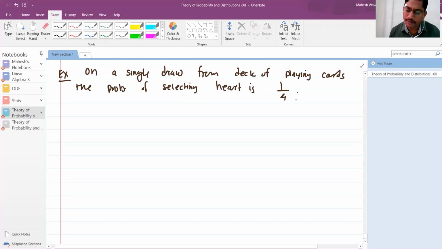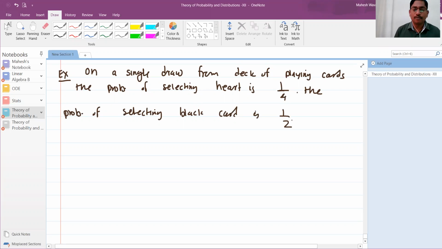The probability of selecting a black card is 1 upon 2. The total number of black cards is 26, red cards are 26. So 26 upon 52 is also correct. And now we have to think about the error in this.